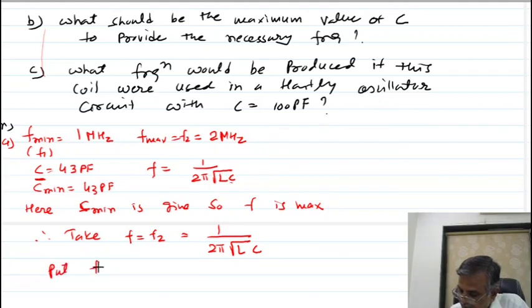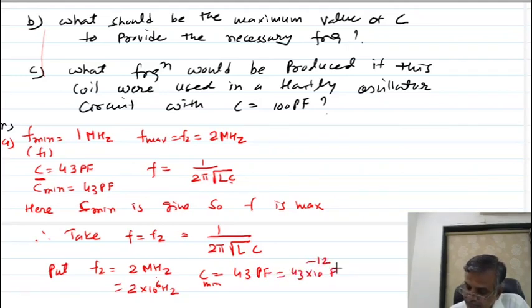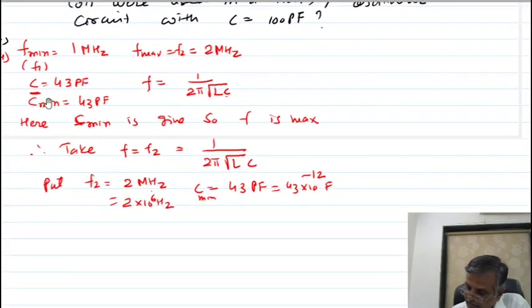Put here F2 is equal to 2 megahertz, 2 into 10 raised to 6, and C is equal to C minimum, 43 pf means 43 into 10 raised to minus 12, and find L.